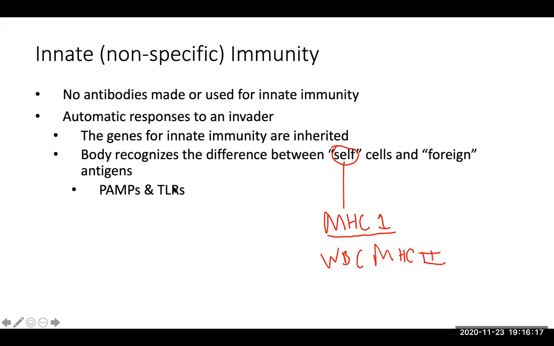So the cells of our body have toll-like receptors that recognize PAMPs. So again, our body has TLRs. The pathogen has the PAMP, and if any of our TLRs come into contact with a PAMP, that's going to sound the alarm system. That's going to trigger an immune response. Okay.